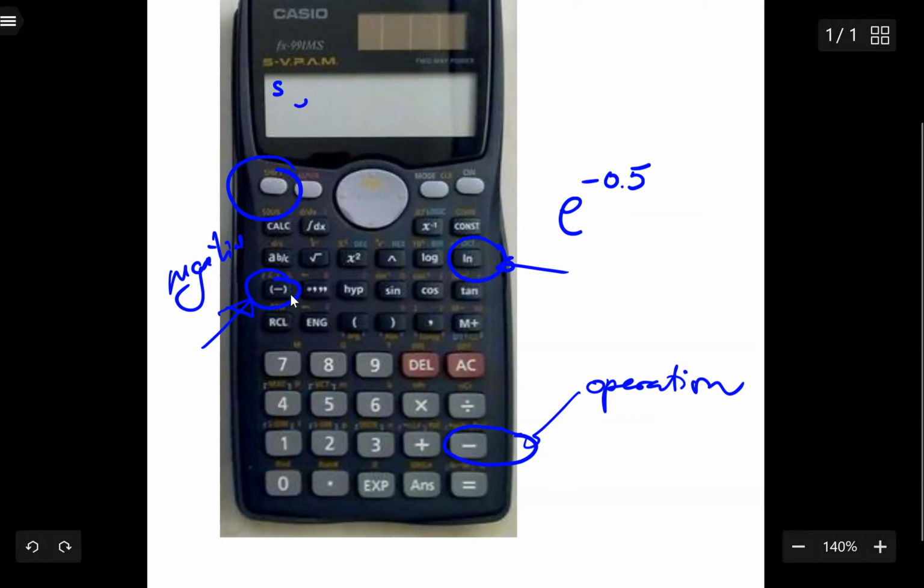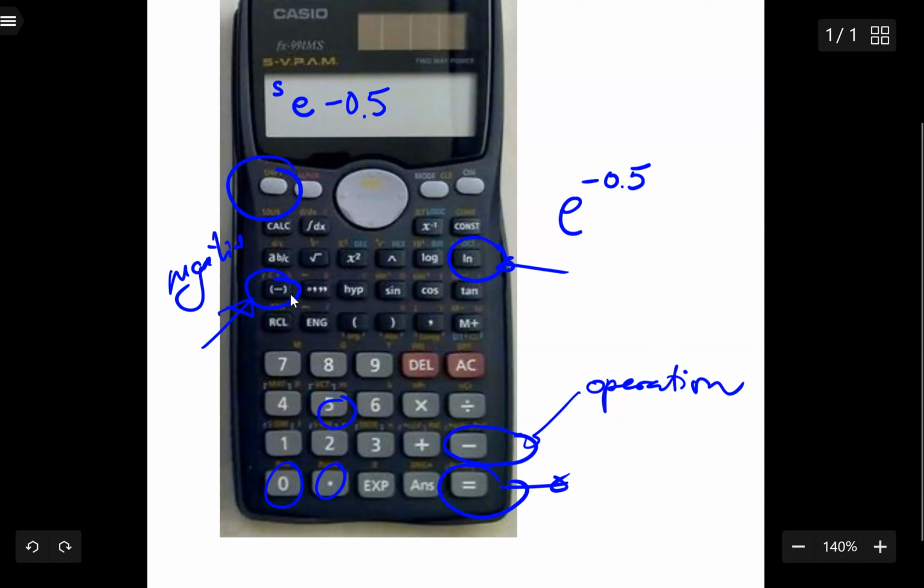You will have the E appear. And then the next step is to immediately press this negative sign, so it puts the negative right beside this, and you can put in 0.5, which is simple.